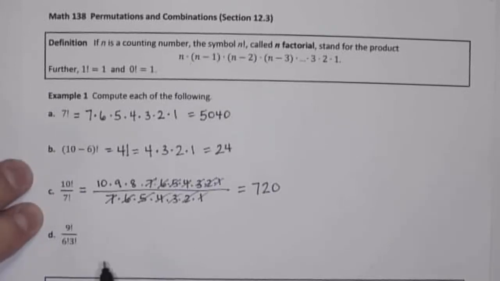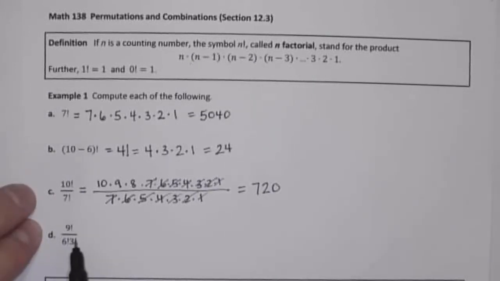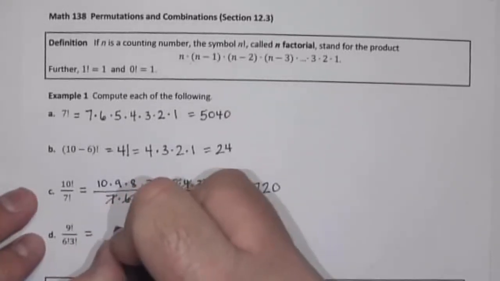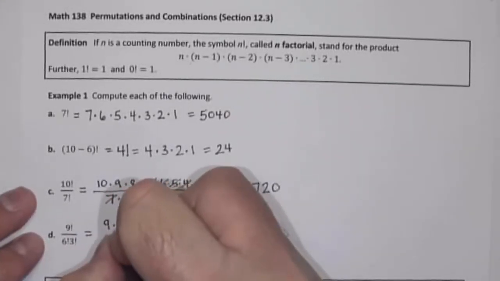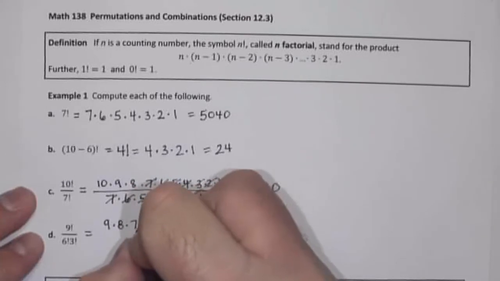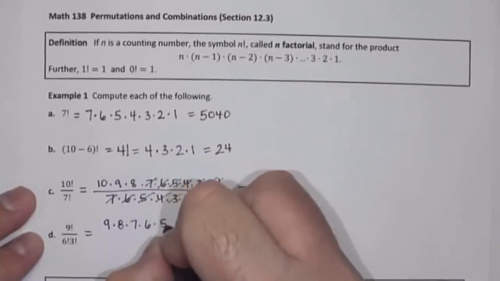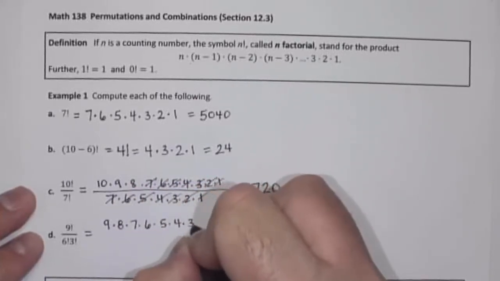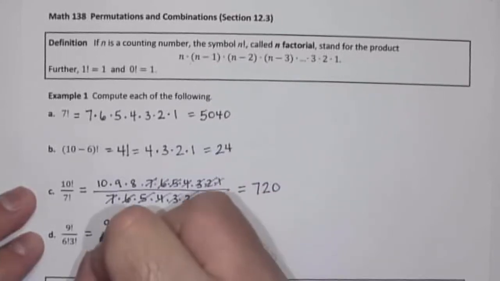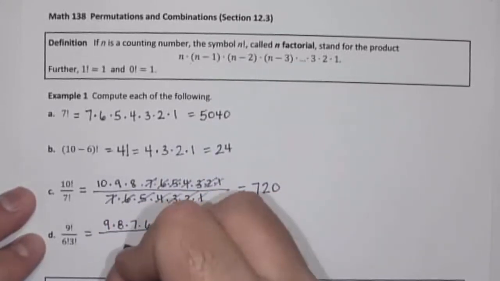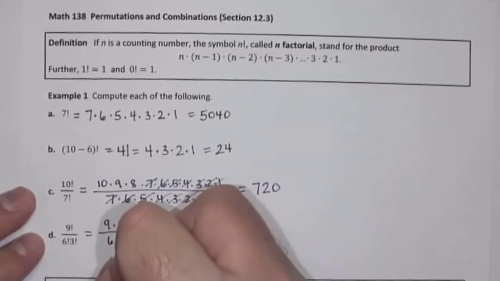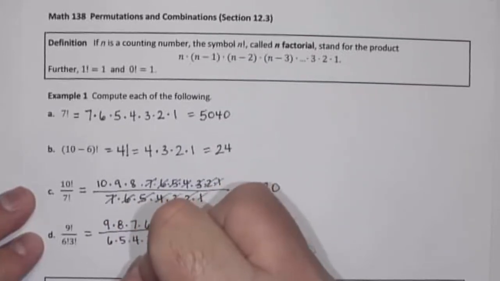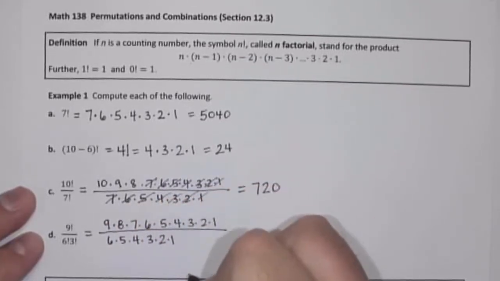Part D, we have 9 factorial divided by 6 factorial times 3 factorial. Well, again, 9 factorial means 9 times 8 times 7 times 6 times 5 times 4 times 3 times 2 times 1. 6 factorial means 6 times 5 times 4 times 3 times 2 times 1.